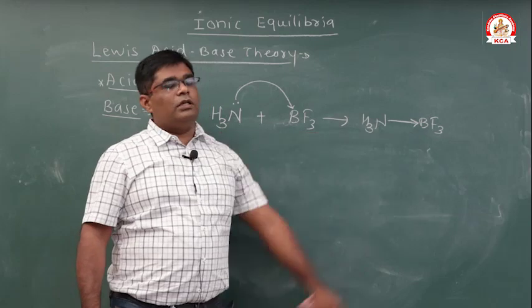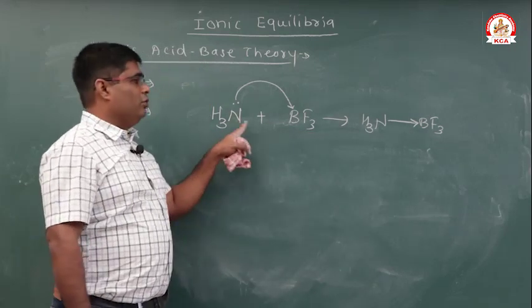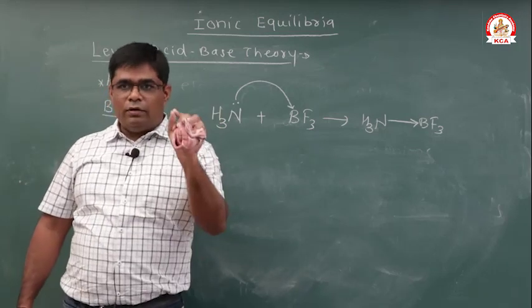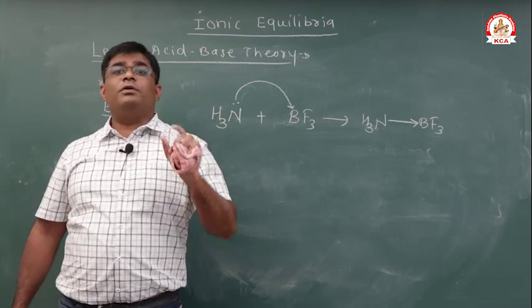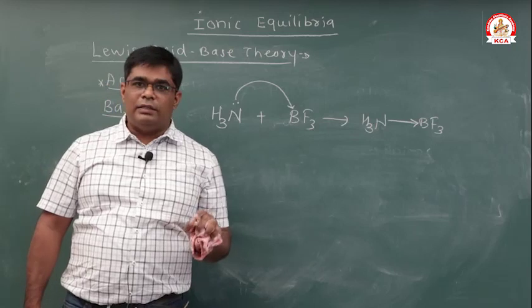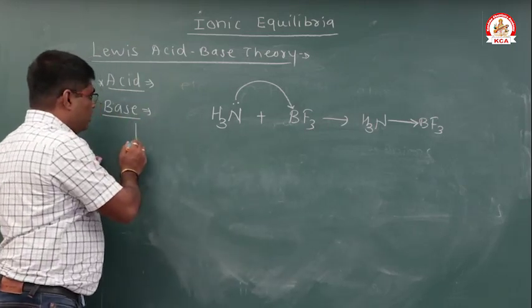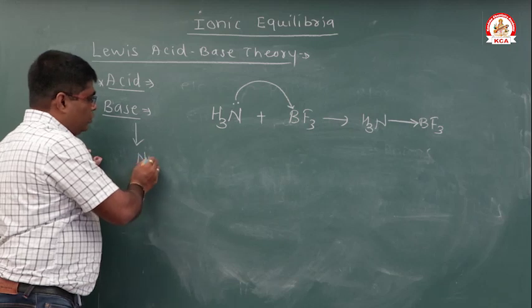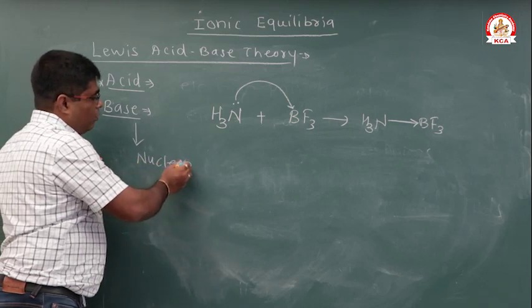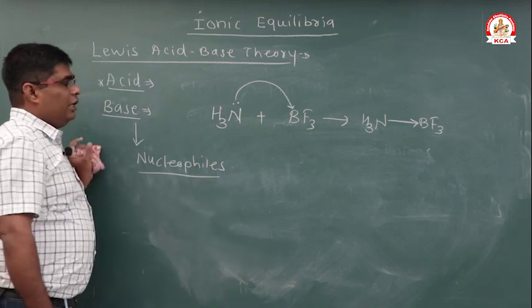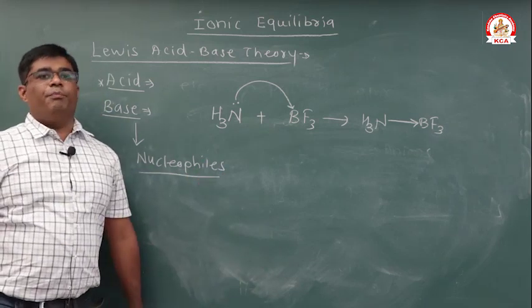And this is known as Lewis neutralization. So remember, Lewis acids, the electron pair acceptors, are called electrophiles, and Lewis bases, the electron pair donors, are also called nucleophiles. So this is about the Lewis acids and Lewis bases.